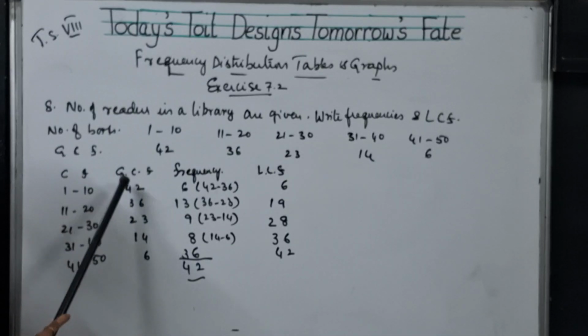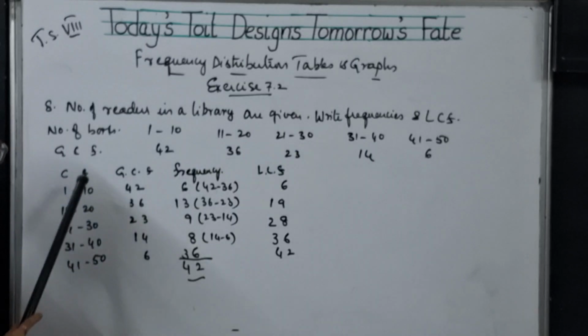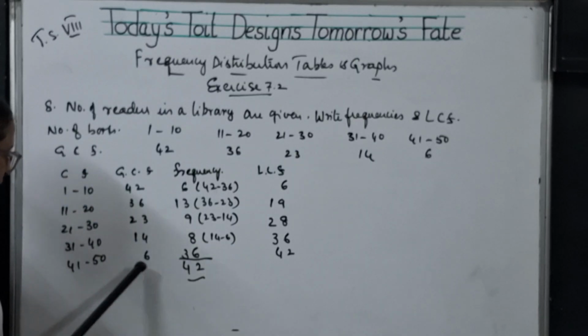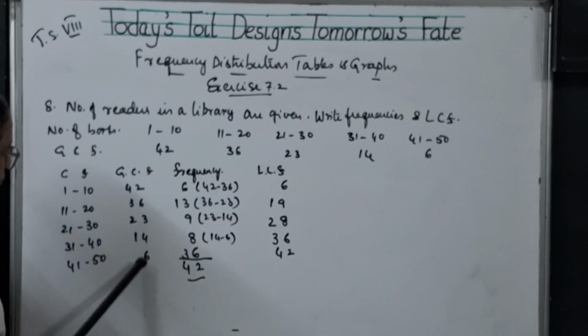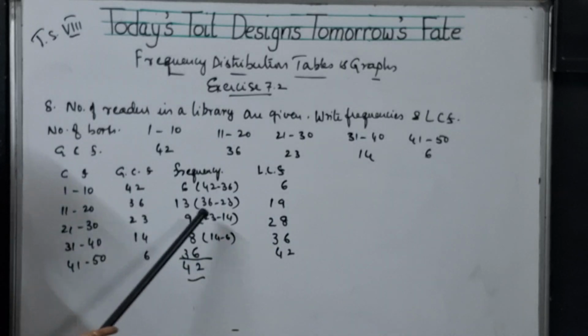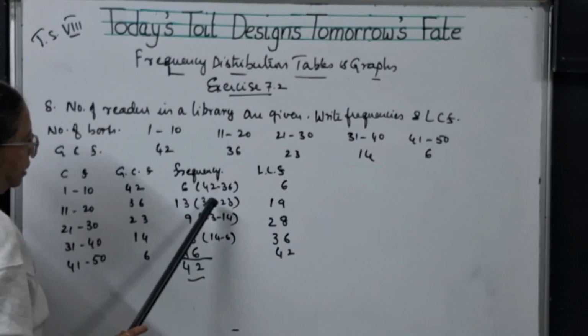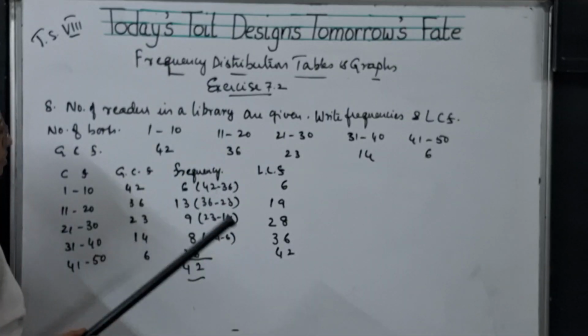Frequency for greater than cumulative frequency starts with the greatest value. So whatever is this value, this as it is will be written. And for the others you have to subtract. 14 minus 6 is 8. 23 minus 14 is 9. 36 minus 23 is 13. 42 minus 36 is 6.